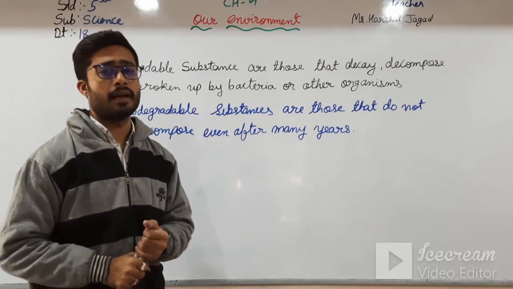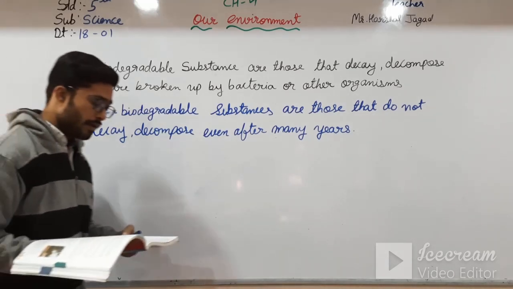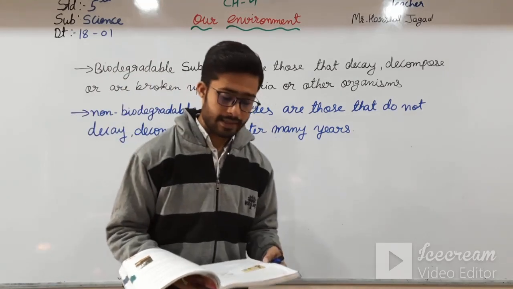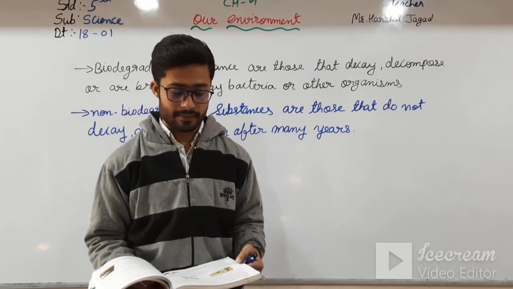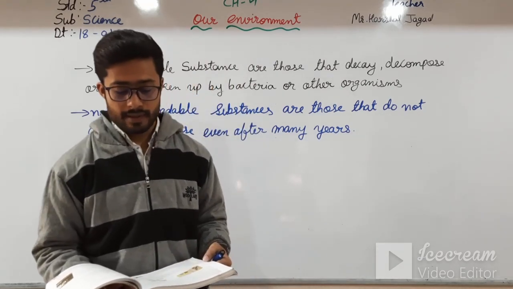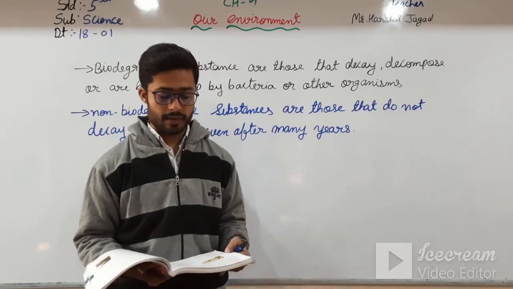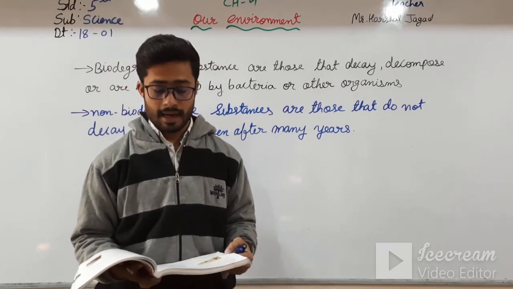Okay, students. Now moving further and reading further. Biodegradable substances are those that decay, decompose, or are broken up by bacteria or other organisms. Some examples of biodegradable substances are fruit and vegetable peels, leftover food, newspaper, cotton, cloth, wood, and so on.